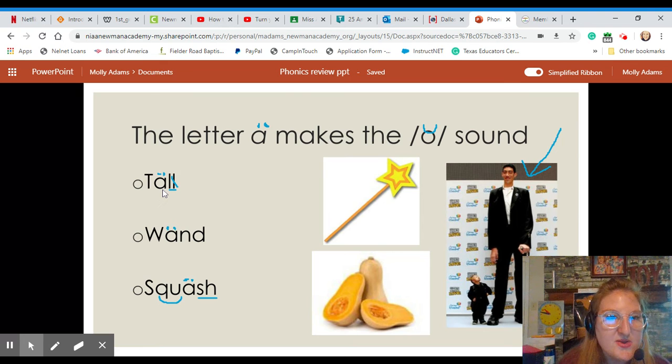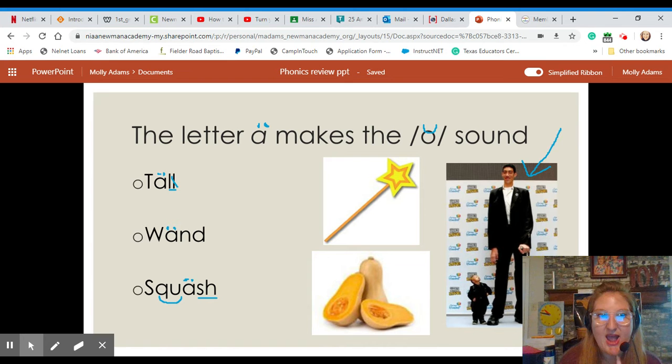So what do you notice about what is near? Does the letter A come before the L? It comes before the L. So when a letter A comes before the letter L, it's going to make the aw sound. And we code this A with 2 dots above it to remind us that it's not going to say A or A, it's going to say aw.